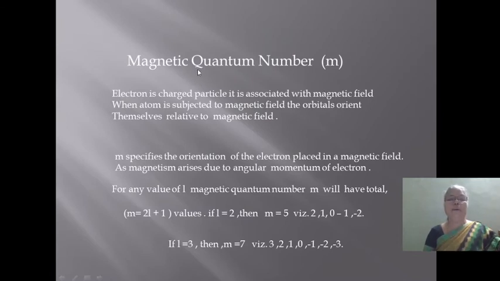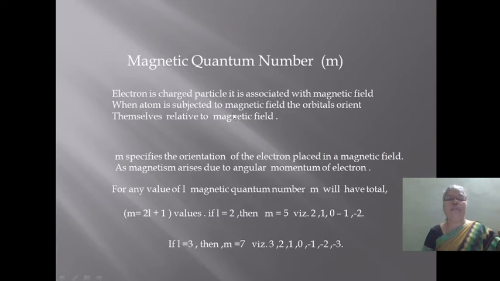Then the third quantum number is the magnetic quantum number, and that is represented by small m. Here, all of you know, electron is a charged particle. It is associated with magnetic field.